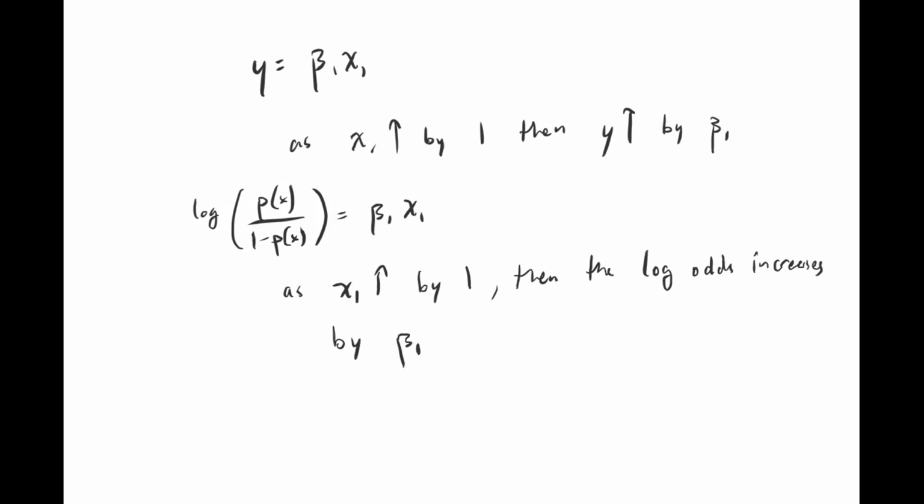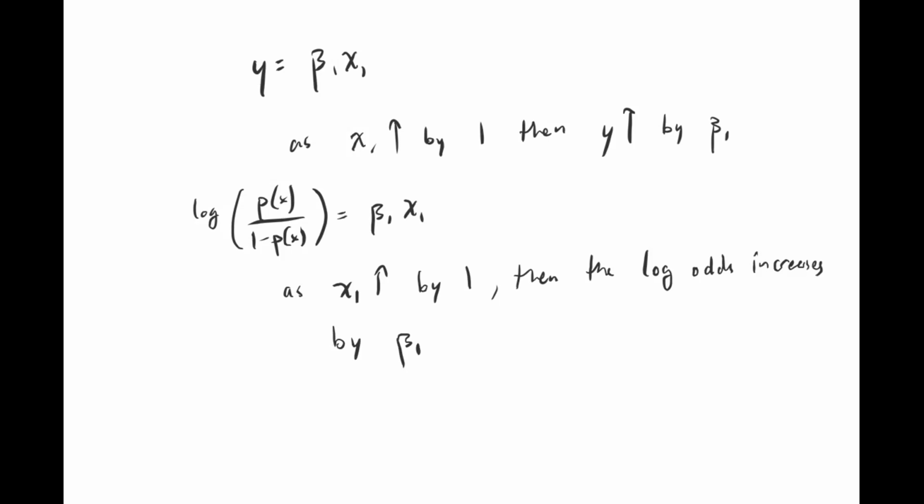And maybe this is a clearer way of putting it: if you have it this way, you're saying as my x changes, the ratio of the odds, or the log odds ratio, will increase by beta 1, which to me, I don't really know what that means.